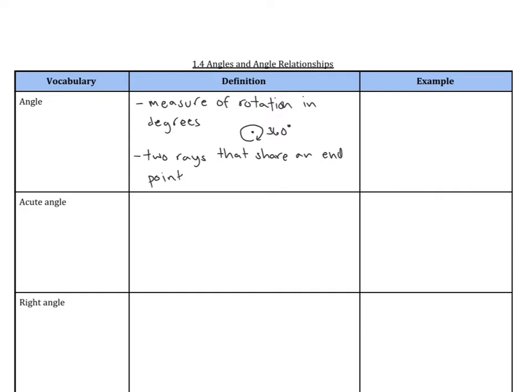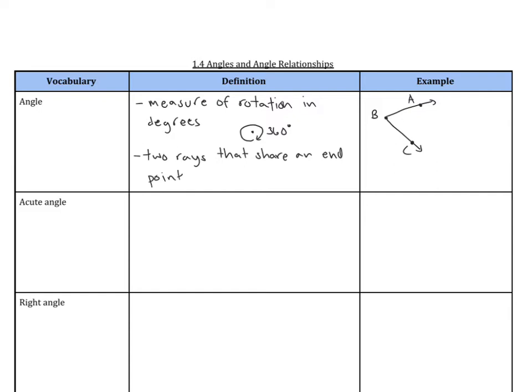I'm going to select my endpoint first, and because my rays share the same endpoint, they're both going to come from this endpoint and go in different directions. Let's give 2 more points. I'm going to name these A, B, and C.